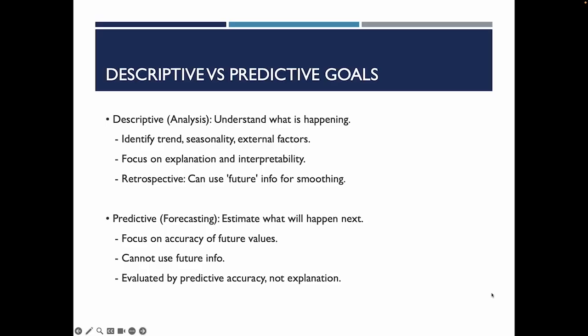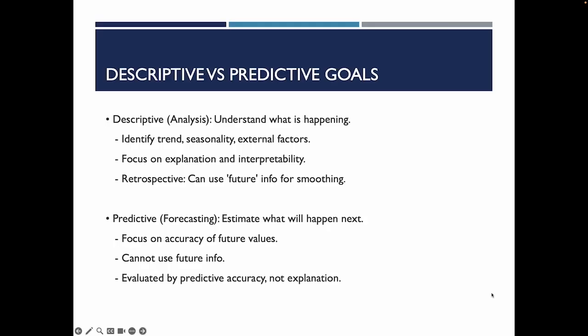If the goal is predictive, so you're doing forecasting, that means you are generating future values. The first one, we are not generating future values. But this one, we are generating future values, and this is used for planning for the future, inventory control, let's say, or maybe financial forecasting, sales forecasting, etc. For the models here, the accuracy is important because we are just thinking about the future, right?